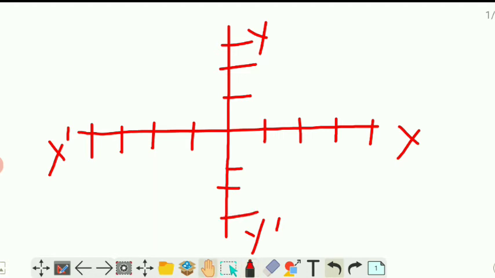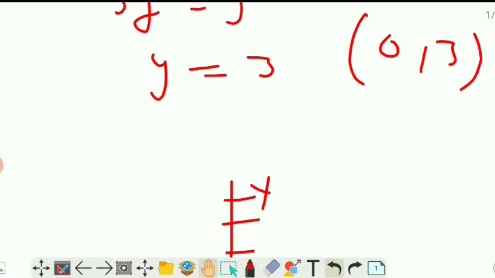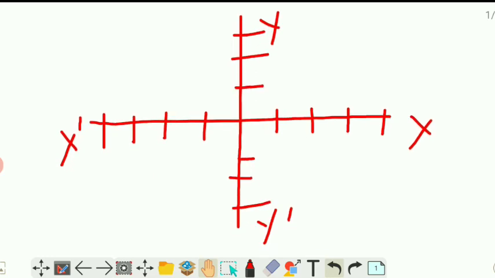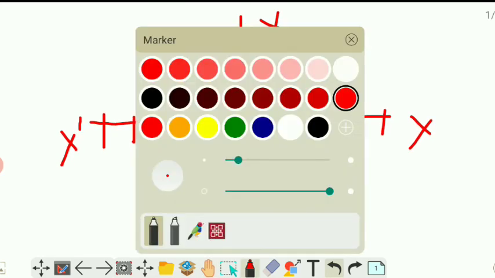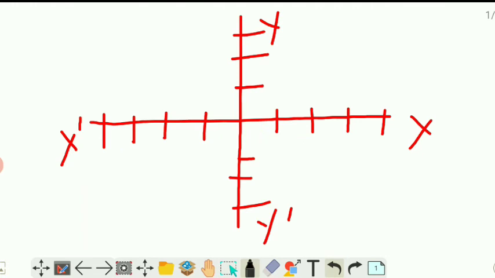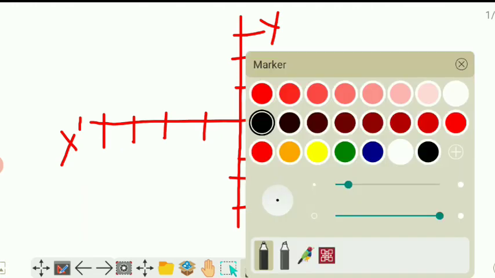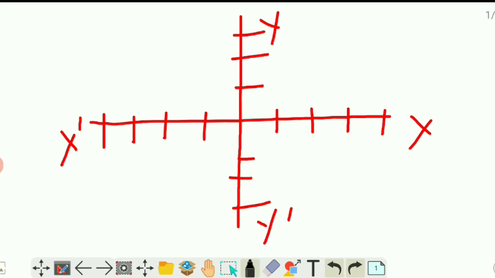Now what is our coordinate? Our coordinate is 0 comma 3. So here the x coordinate is 0, but the y coordinate is 3. So 0 comma 3 means 0, the origin point, and 3, 1 2 3, this is the point.